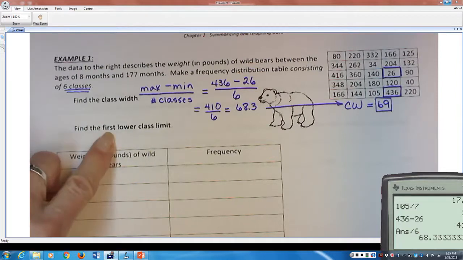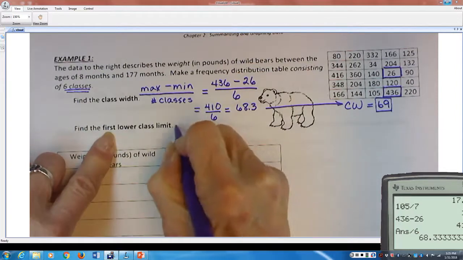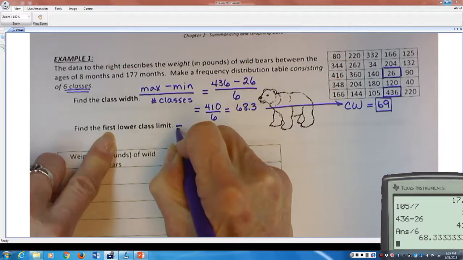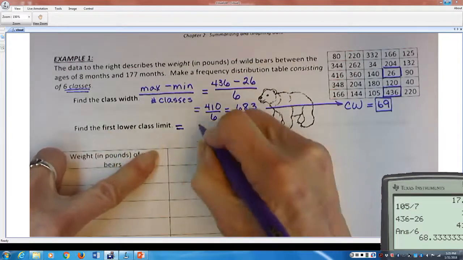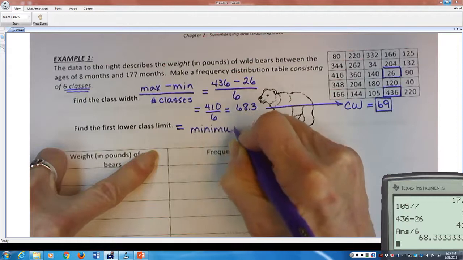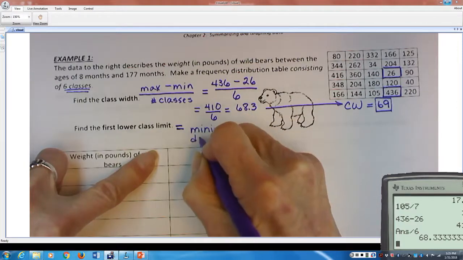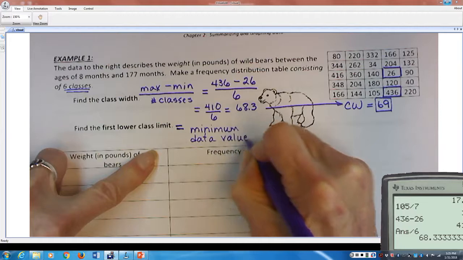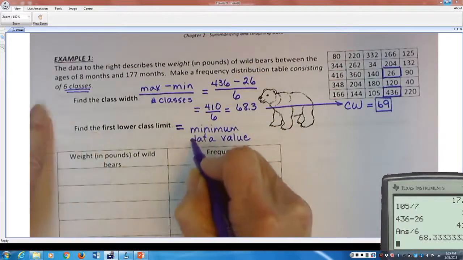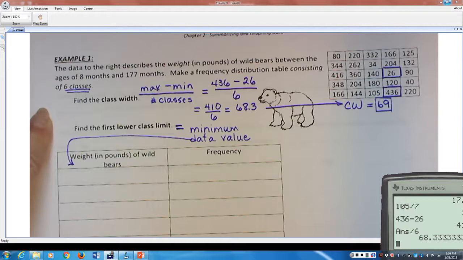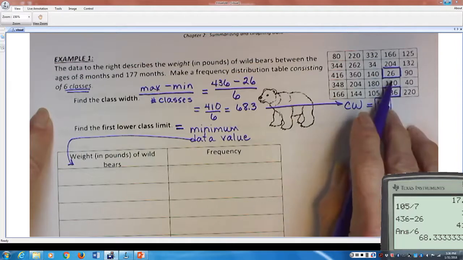The first lower class limit is always, unless there's a good reason otherwise, we generally let it be the minimum data value. So our first lower class limit is going to be that 26-pound bear.